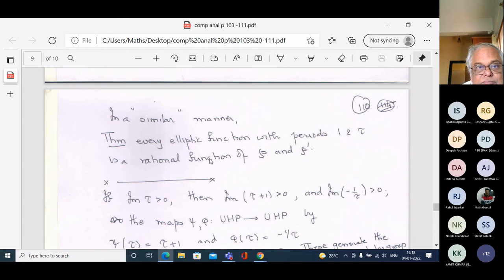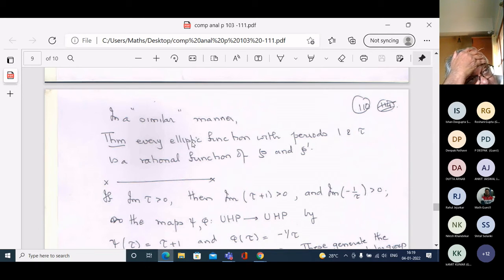There's a similar way one can show that every elliptic function with periods 1 and τ... You see, I have given you one elliptic function with periods 1 and τ.